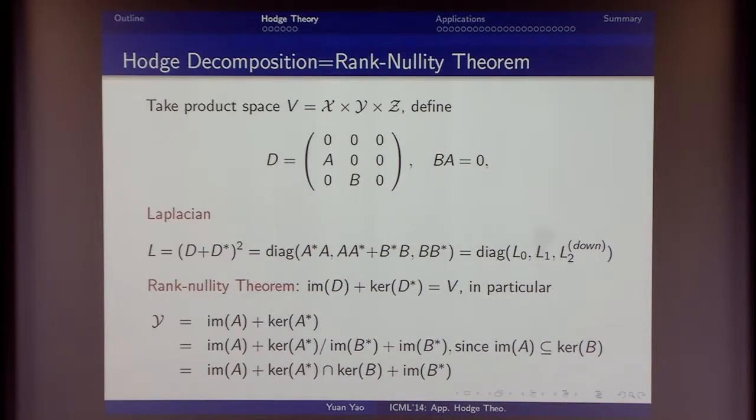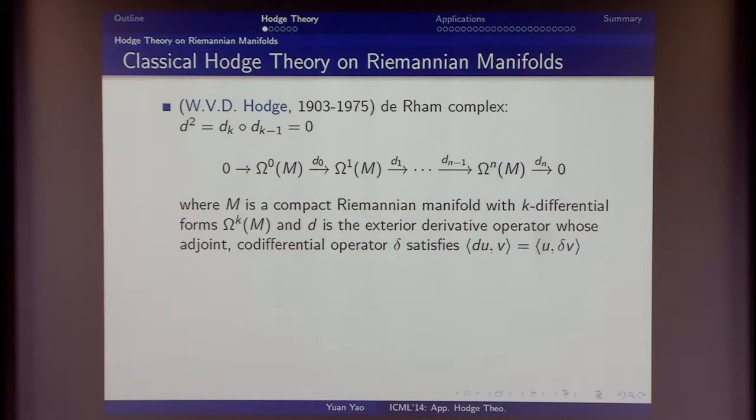So if you are curious what the linear algebra element behind that is, you can follow this simple scheme. And now this simple linear algebra can carry various kinds of structure in different settings. The first version of Hodge theory comes from a Riemannian manifold.